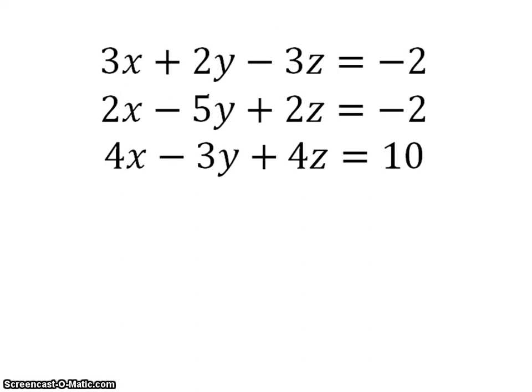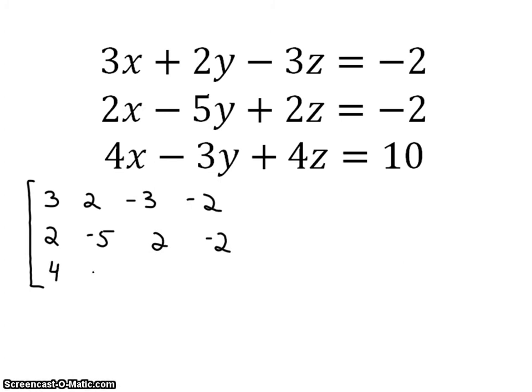Okay, so I'm first going to write the augmented matrix. And what we do is we just write the coefficients. I'm going to put my line in a minute as soon as I get done writing all these coefficients. Notice the first column are the coefficients of x. The second column are the coefficients of y. And the third column are the coefficients of z.